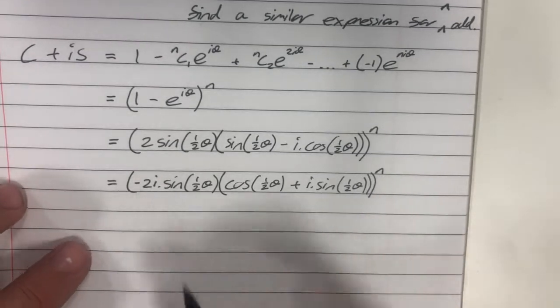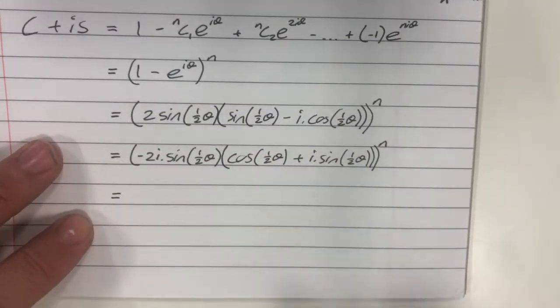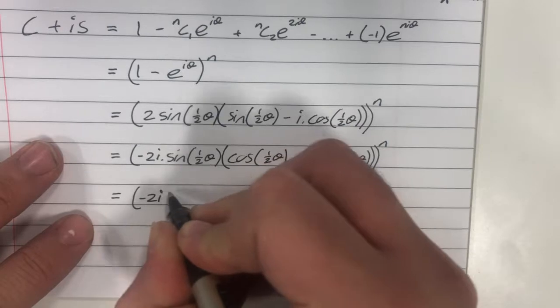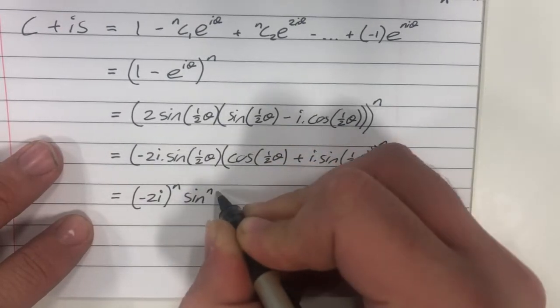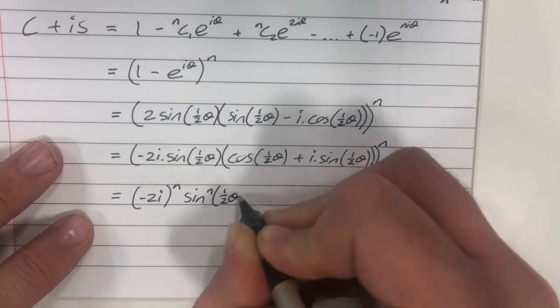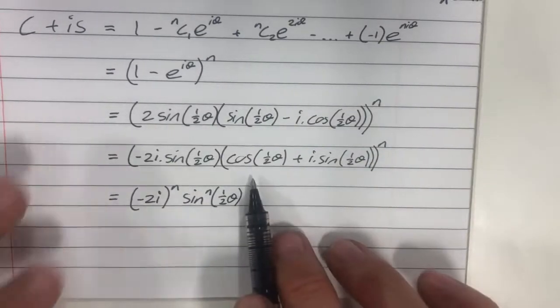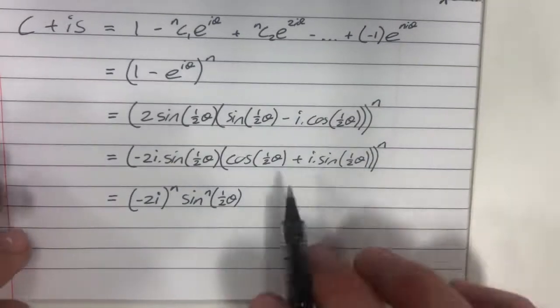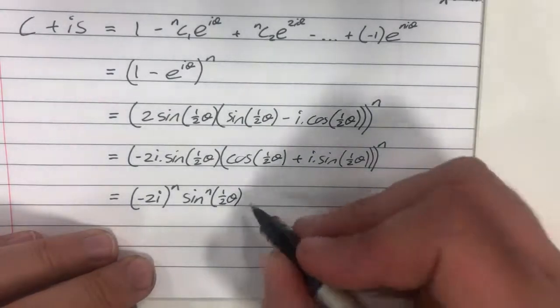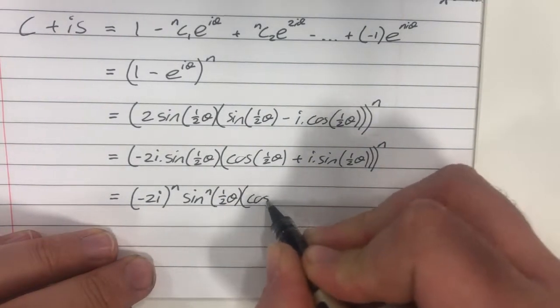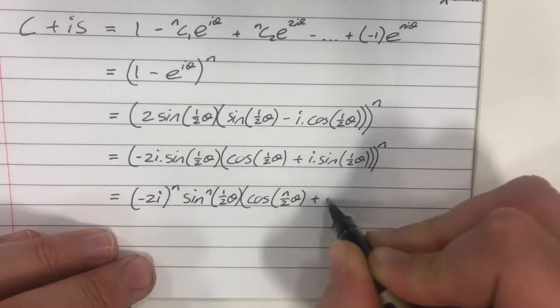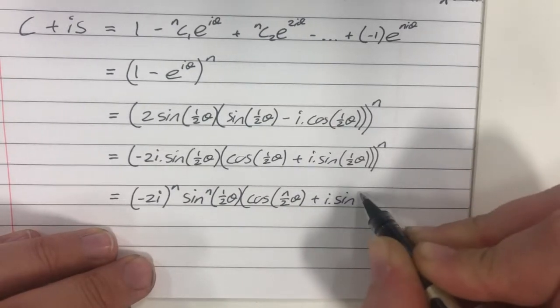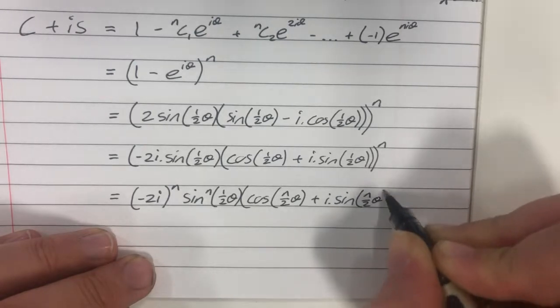And now I can apply the n to all of this. So that's going to become minus 2i to the n times sine to the n of a half theta. And then because this is of the form cos phi plus i sine phi, I can apply De Moivre's Theorem, and that's going to become cos of n on 2 theta plus i times sine of n on 2 theta.